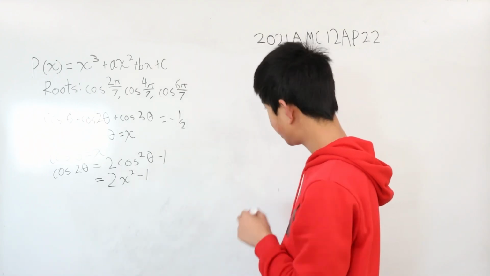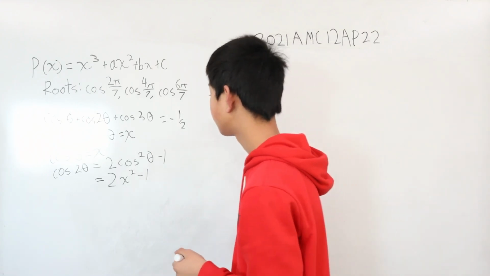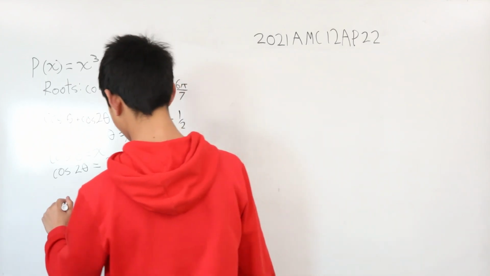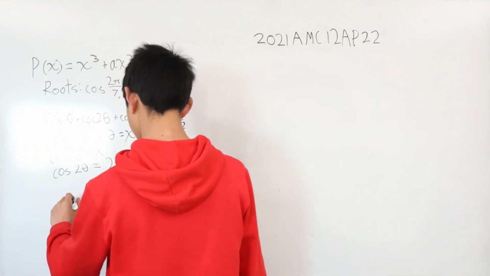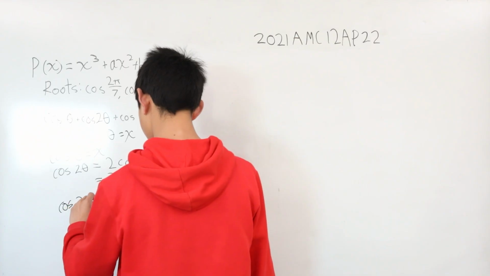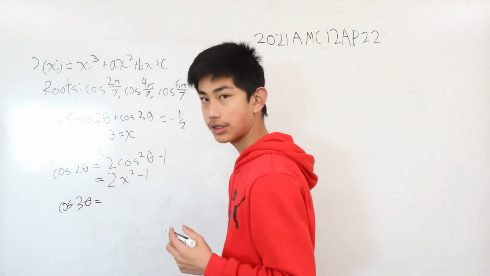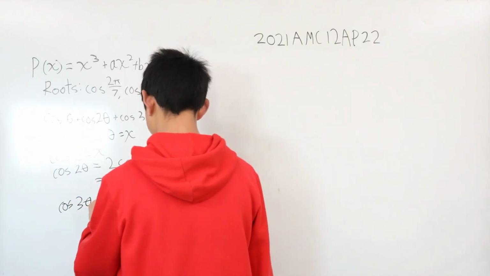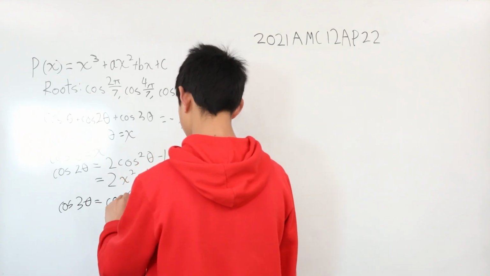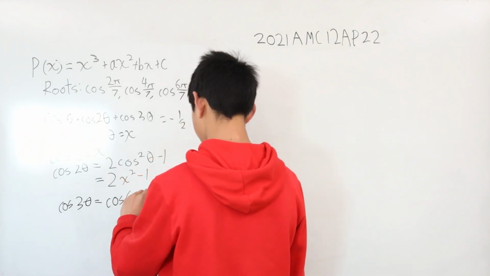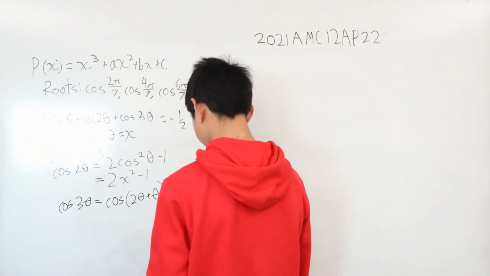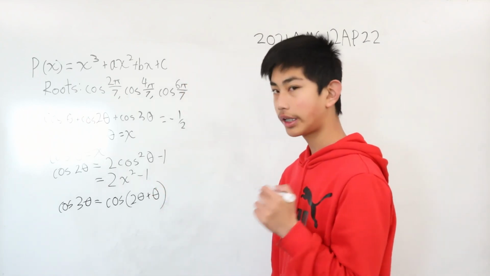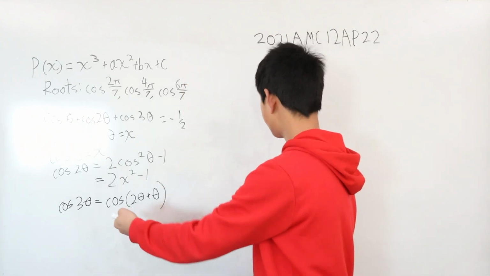Now we want to move on to cosine of 3 theta. We can see this as cosine of 2 theta plus theta. And now we can really get all these factors out.